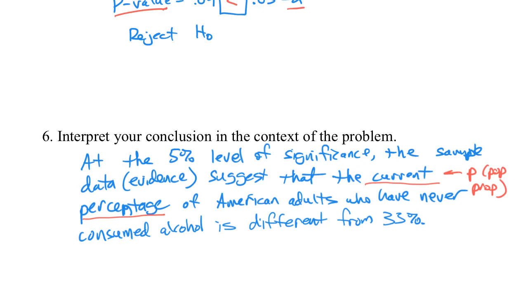But that's what they mean. So when they say the current percentage, they're talking about the true percentage, the population proportion. So that one gives us an example of the kind of problems you run into in 8.3.